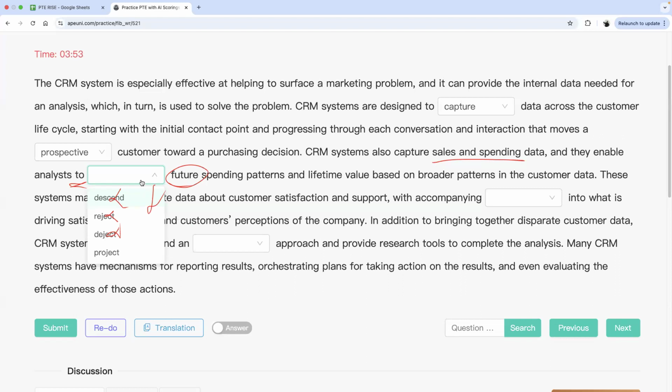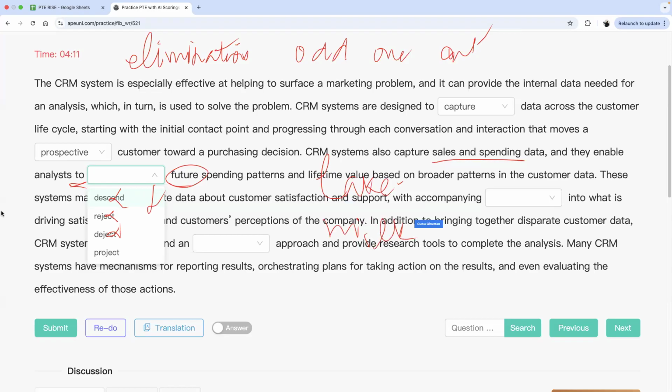Now look at this. There is one elimination method called odd one out. For example, if I say cake, milk, bed, candy, what feels odd? Bed. In this case as well, these three words were negative: reject, deject, descend.